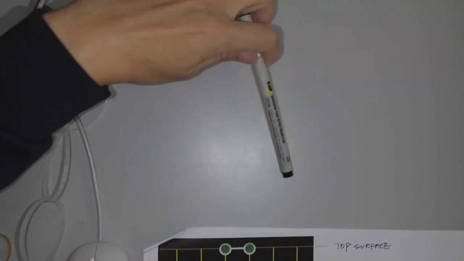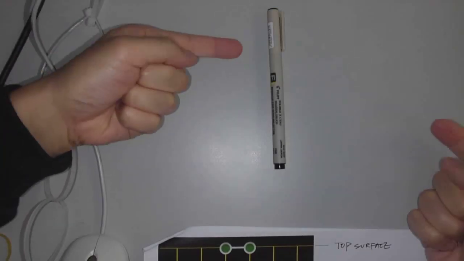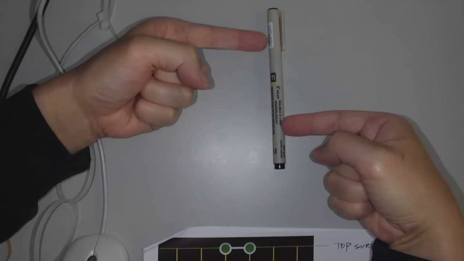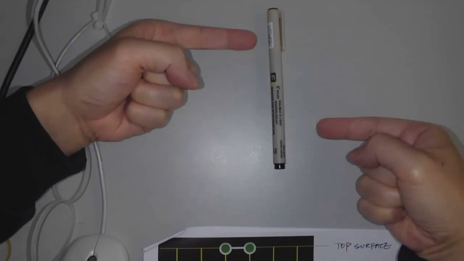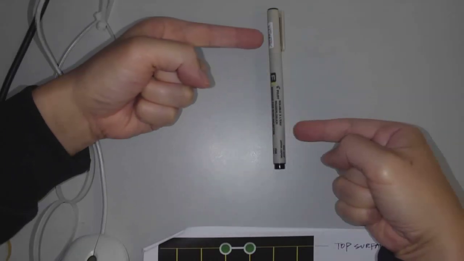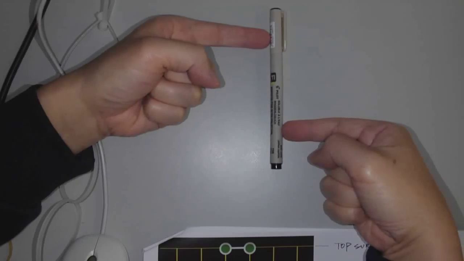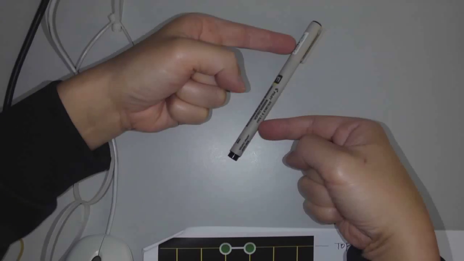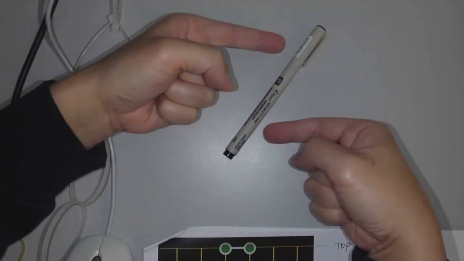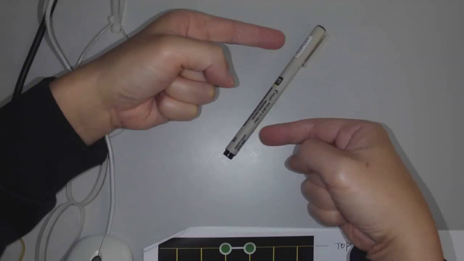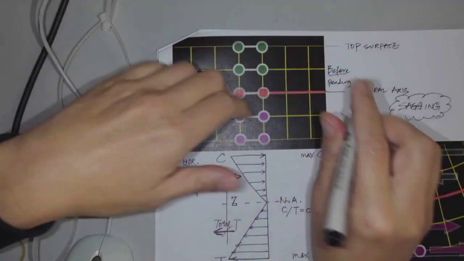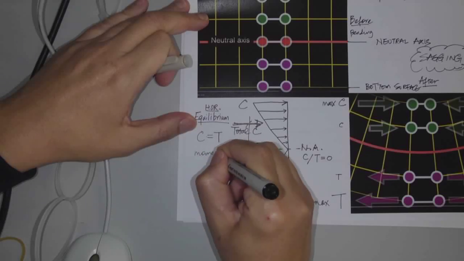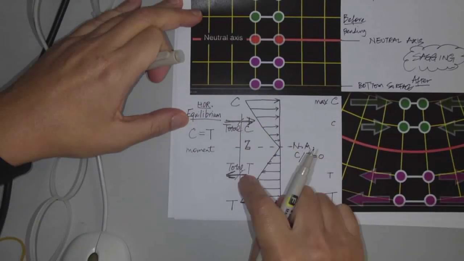If you have two forces equal in magnitude, opposite in direction, acting like this, what would you get? A moment. That will give you a moment because of the C and T.